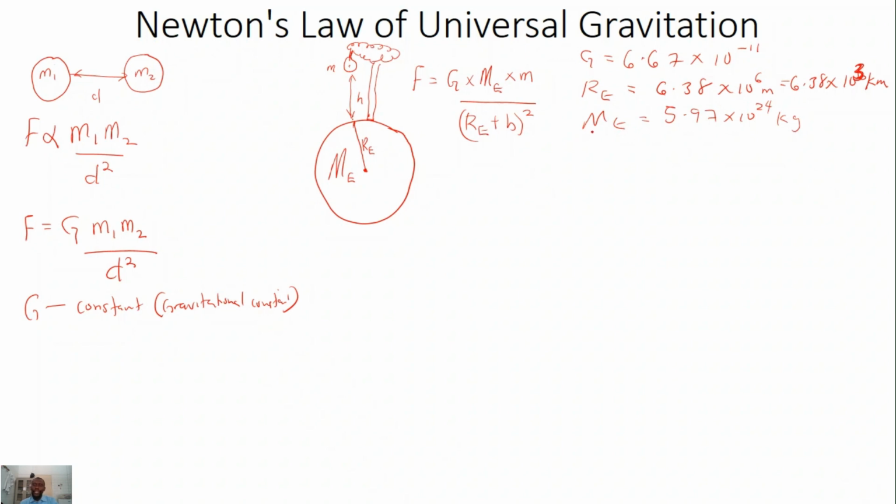Okay, now let's look at the radius of the earth, which is 6.38 times 10 raised to power 6. If the height of the fruit from the surface of the earth is not so significant as to affect this value, we can just express this as F is equal to G times the product of the masses all over RE squared.